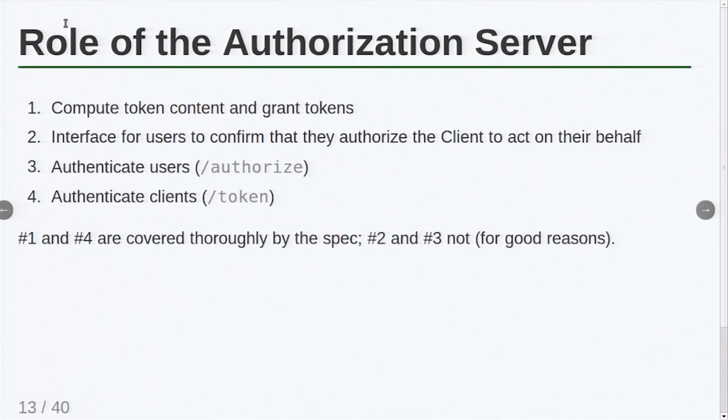Yes? You hear a lot about two-legged versus three-legged. Is that equal to whether there's a user involved? Roughly speaking, but those terms were part of the OAuth1 spec, and they aren't used in OAuth2. However, you can sort of equate the legs with the participants: the client, the resource server, and the auth server. That's 3 legs, right?